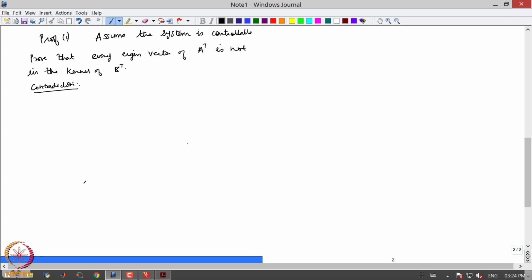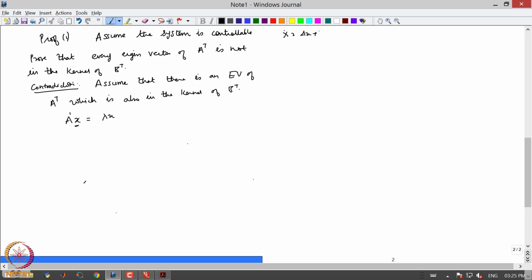Okay. So, first I will assume that there is an eigenvector of A transpose which is also in the kernel of B transpose, which means that, let me call this eigenvector x, A transpose x is lambda x, and please do not confuse this x with that x dot equal to A x plus B u.